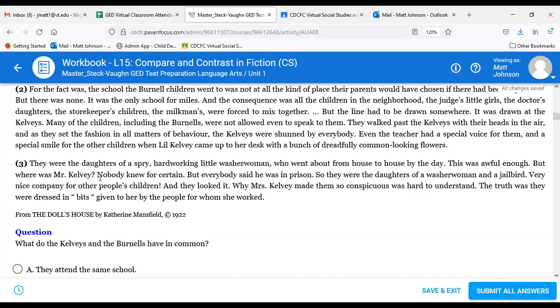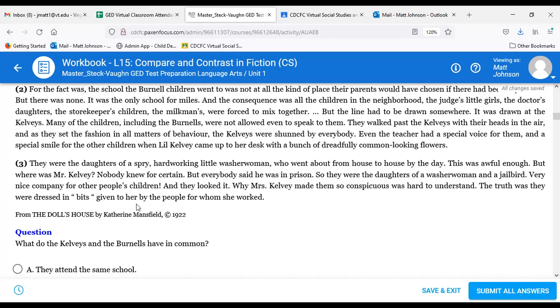So they were the daughters of a washerwoman and a jailbird. Very nice company for the other people's children. And they looked it. Why Mrs. Kelvin made them so conspicuous was hard to understand. The truth was they were dressed in bits given to her by the people for whom she worked.